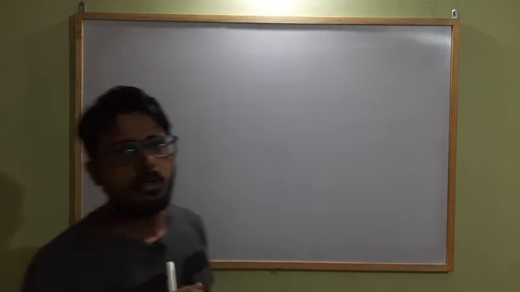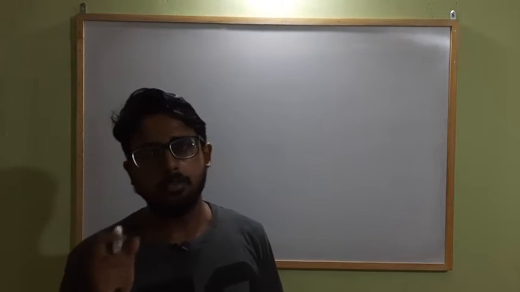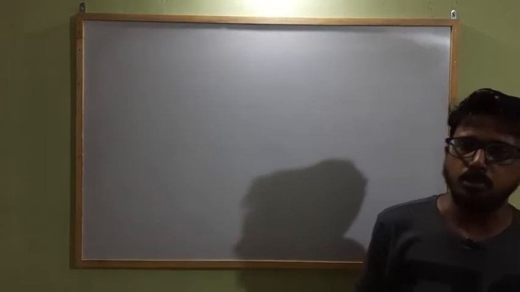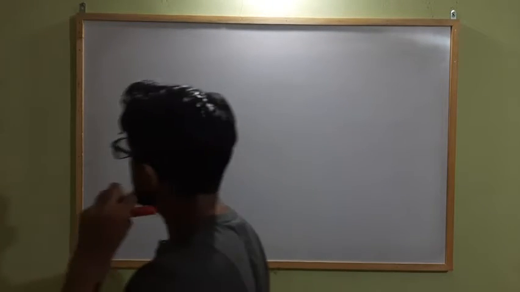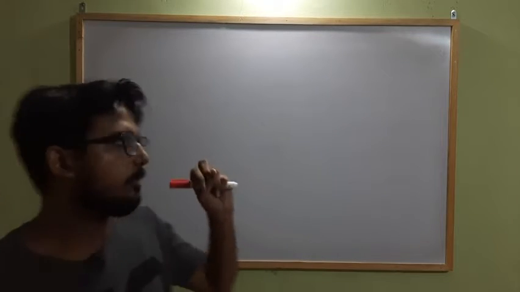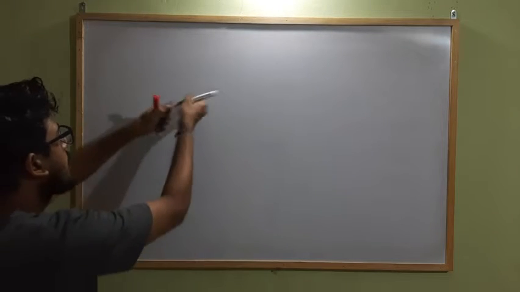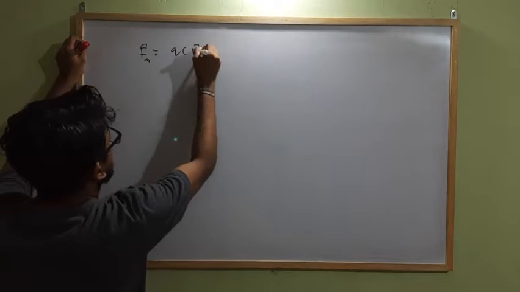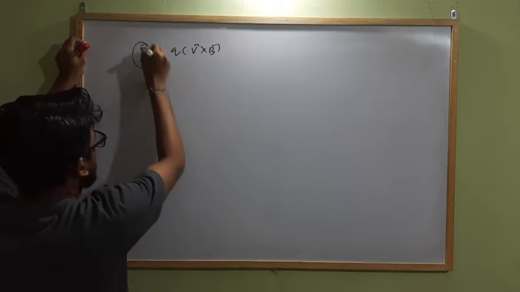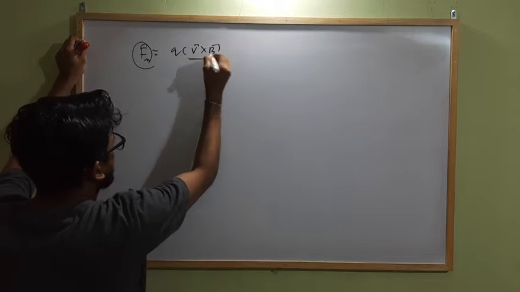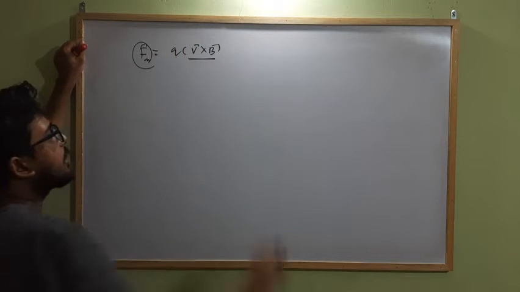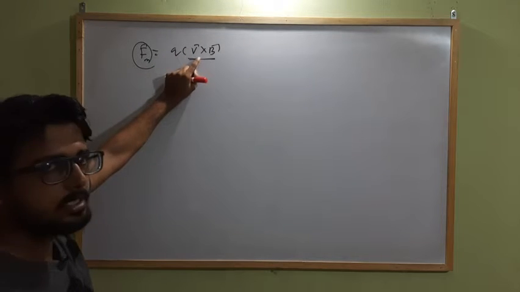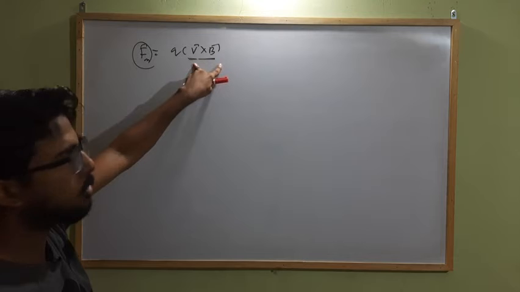And we know that, due to the magnetic force, the work done on a moving charge is always 0, as the force is the resultant of the cross product of V and B. Fm equals Q into V cross B. That means this force is always perpendicular to the plane containing the velocity and B vectors.